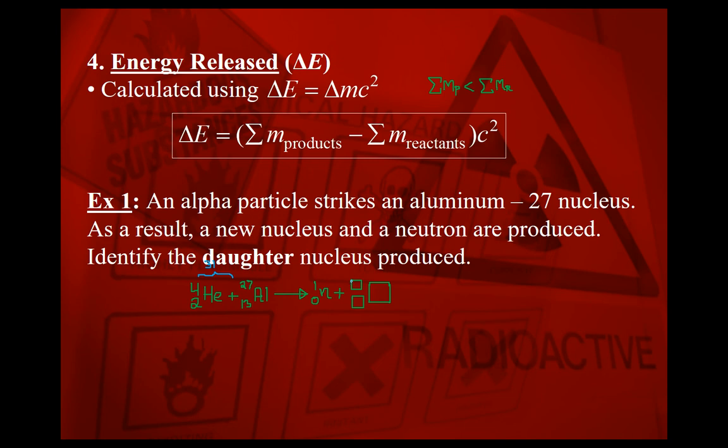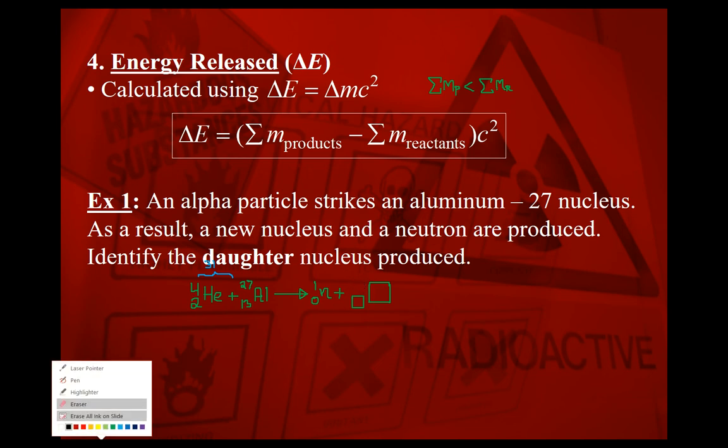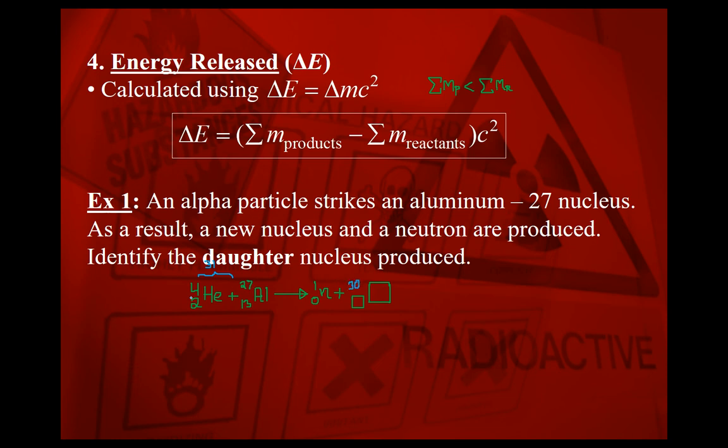So this number right here needs to be 30. Okay, so 30 plus 1 is 31, 27 plus 4 is 31, so my nucleons are balanced. The bottom has to add up to 15 on both sides of the equation, so this number would just be 15.